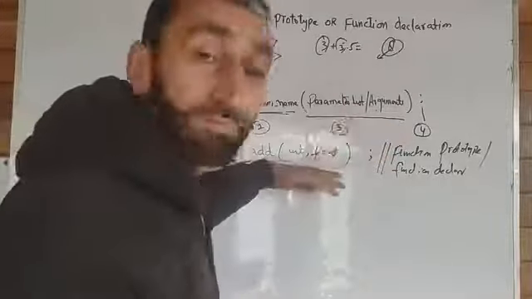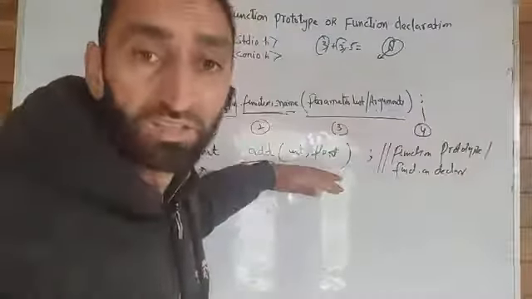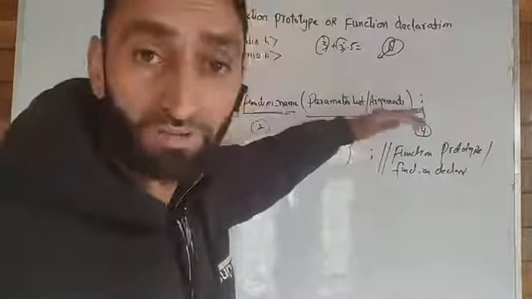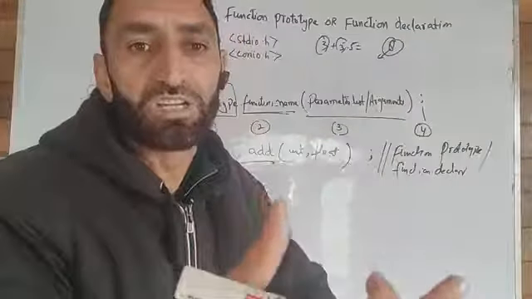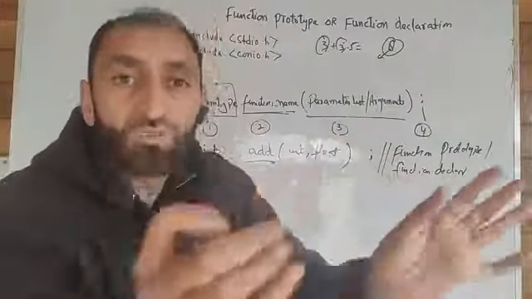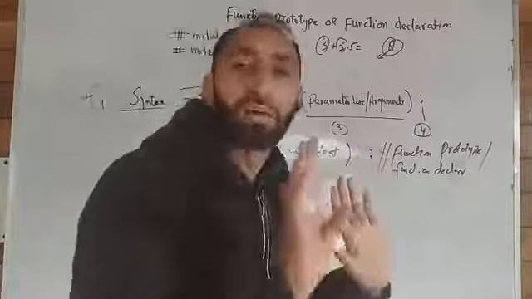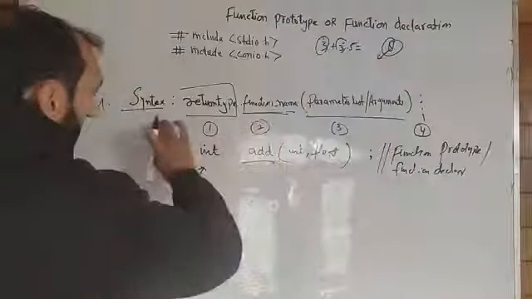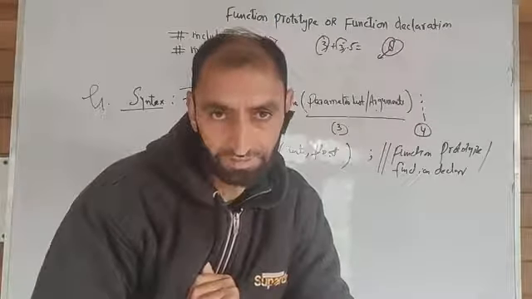That means how many arguments are going to be passed and what type of arguments: integer, character, float, or integer and character. And the last one is the semicolon. This is all about the declaration of the function, or we can say the function prototype.